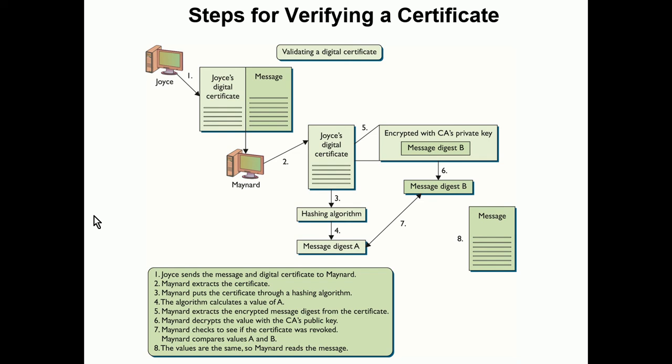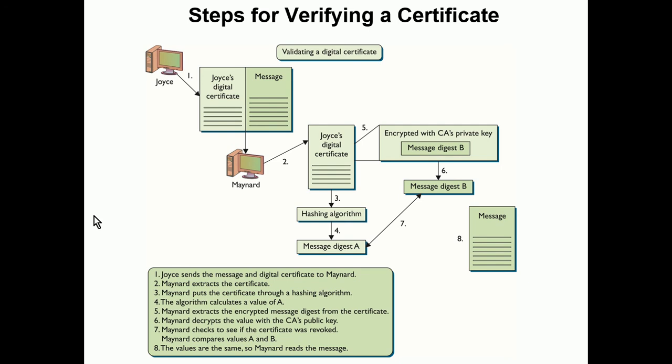You would extract the message from the digital certificate and run a hash algorithm on it, and that gives you the message digest, which in this case is message digest A.